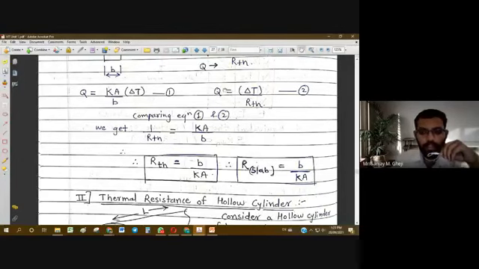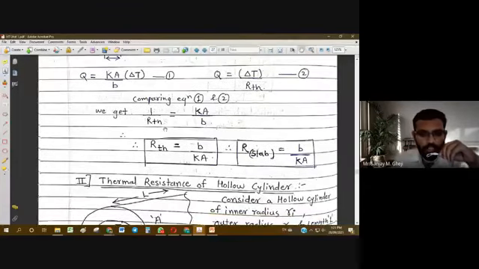See, delta T will get cancelled when we equate them, because it is a common factor. What remains is K upon B here, and from the other equation it is 1 upon R thermal. So just take the reciprocal. So R thermal, that is thermal resistance, is equal to B upon K. So for a plane wall, thermal resistance will be given by B upon K.